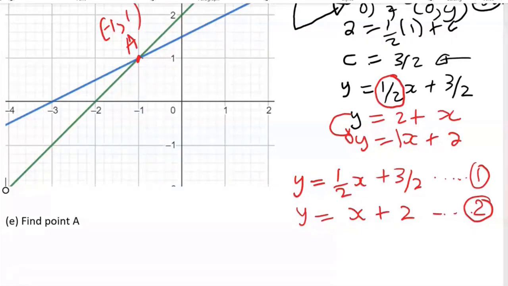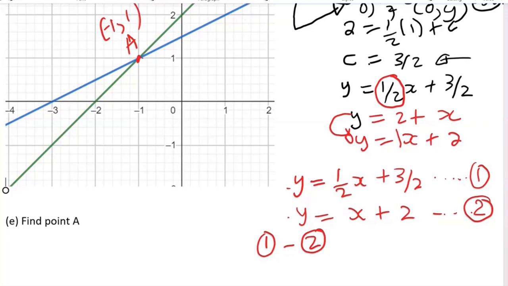How do you eliminate? I'm going to subtract one from the other. I'm going to say equation 1 minus equation 2. That is the rule that I'm applying. So let's start with equation 1. y minus y is equal to 0. This is equal to half x minus x, and half x minus x gives us minus half x.